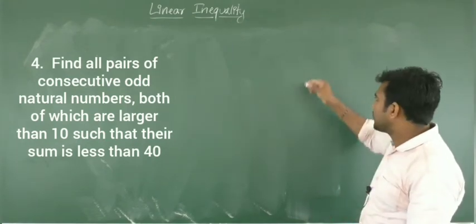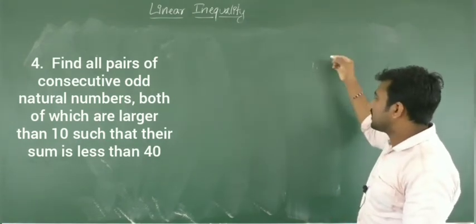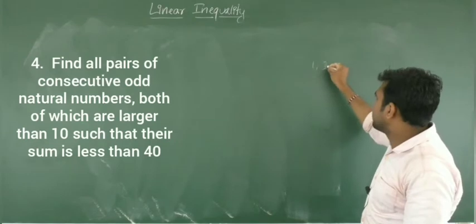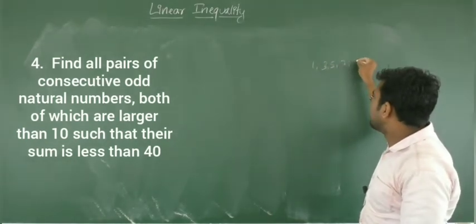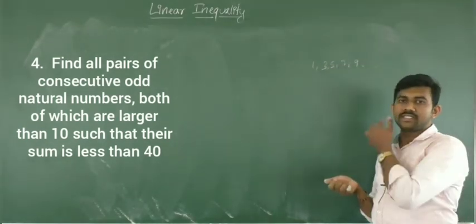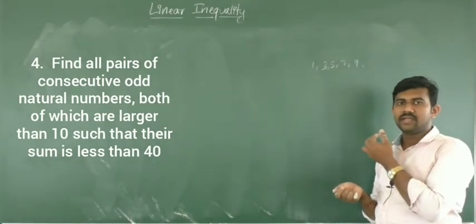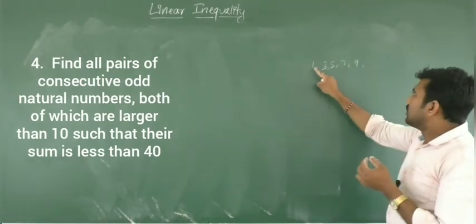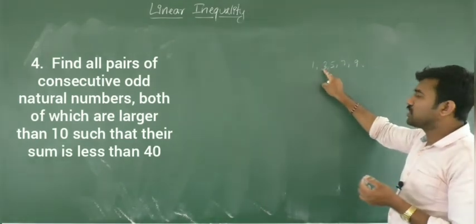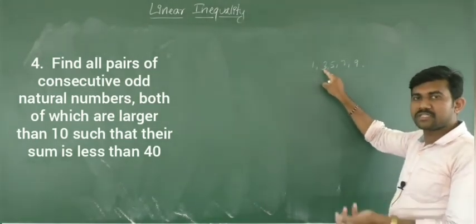Okay, see here, pairs of consecutive odd natural numbers. How will we get odd natural numbers? If you consider 1 as a natural number, its next number is 3, then 5, 7, 9, and so on. These are odd natural numbers. If you consider 1, its consecutive number is 3. Consecutive is the next number.